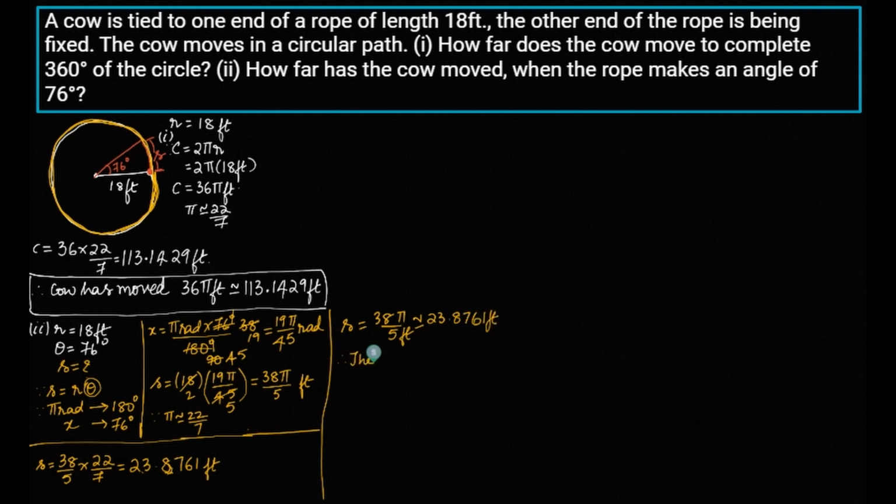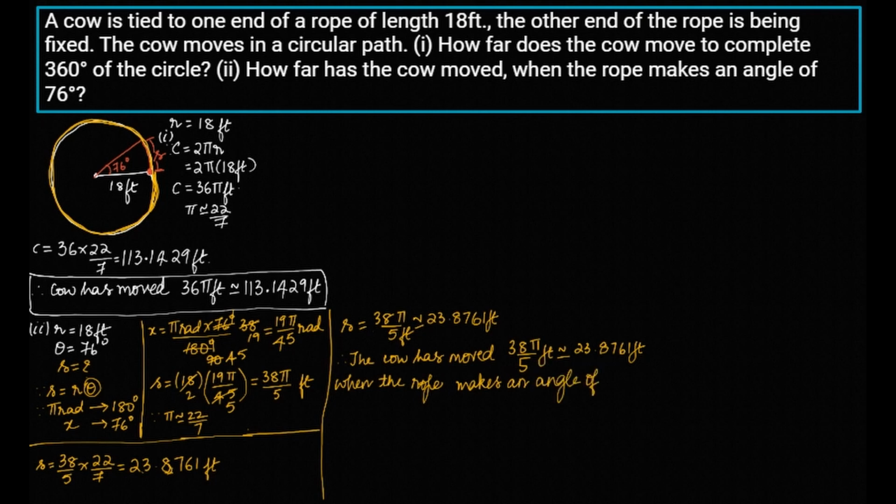Therefore, the cow has moved 38 pi by 5 feet, which is approximately equal to 23.8761 feet when the rope makes an angle of 76 degrees.